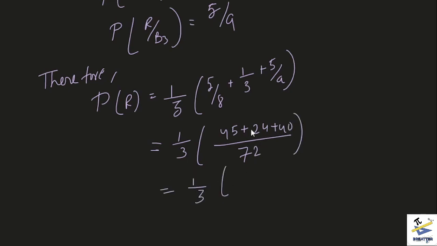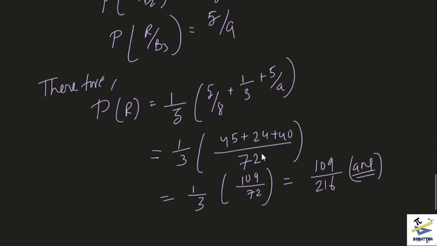This gives you 45 and 40, 85, and 24 would be 109 by 72, and this would give you 109 divided by 216, which is our required answer, right? So this is the probability that we were looking for.